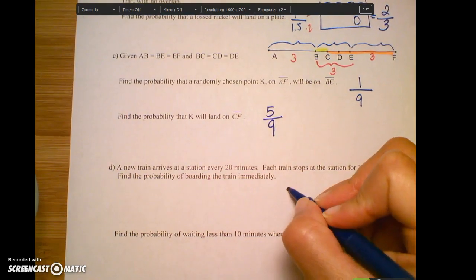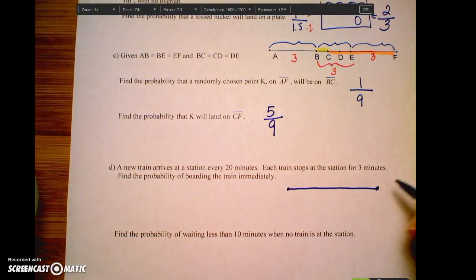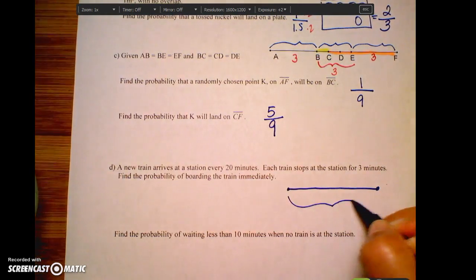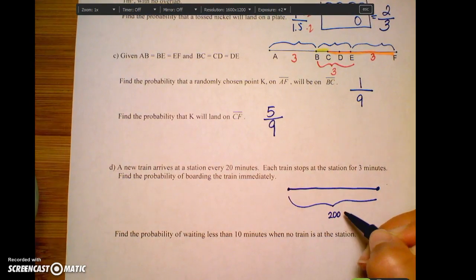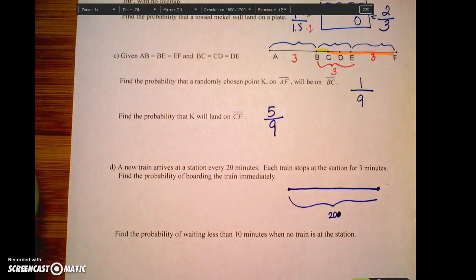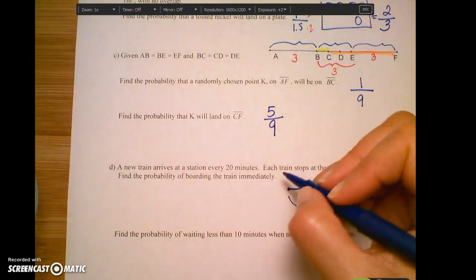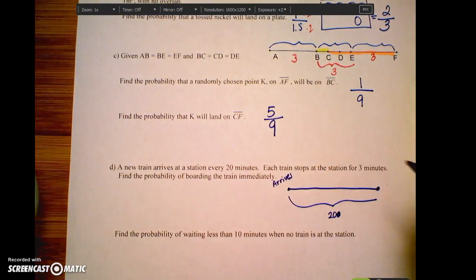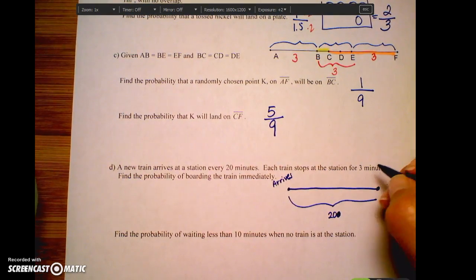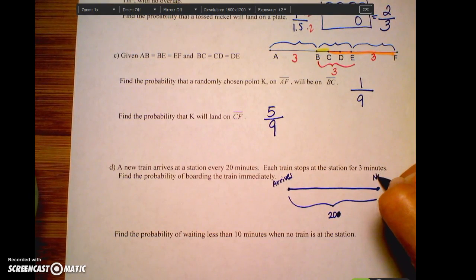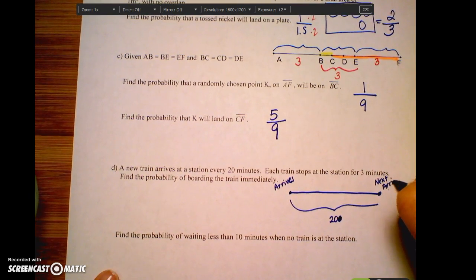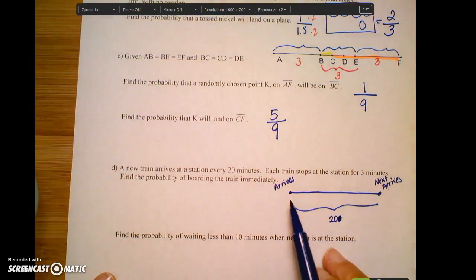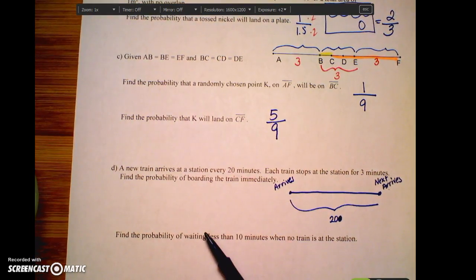So what we're looking at here is a 20-minute window. Whoops, 20 whole minutes from when a train arrives to when the next train arrives. In that time frame, once the train arrives, it sits there for another 3 minutes.